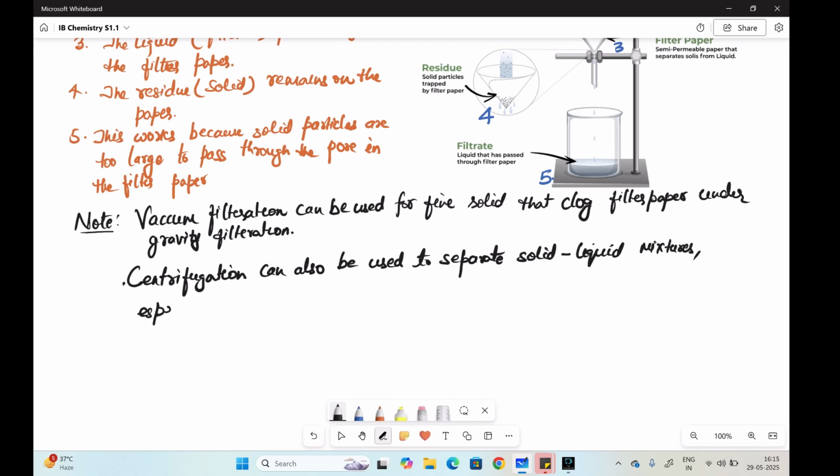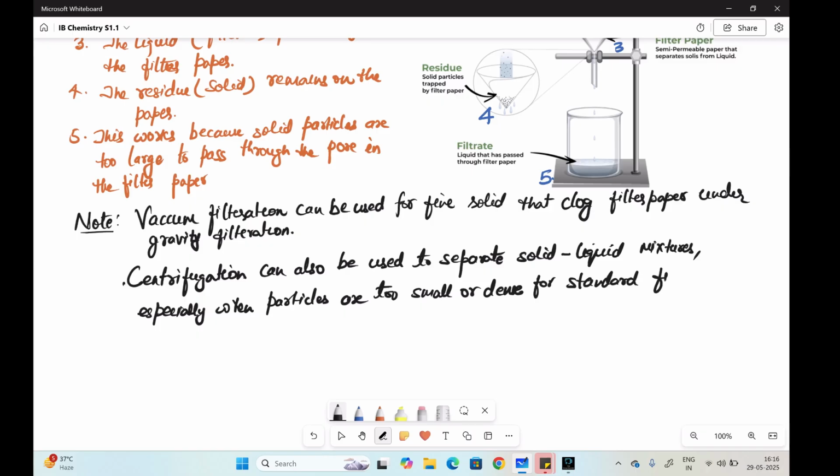Especially when particles are too small or dense for standard filtration, right?